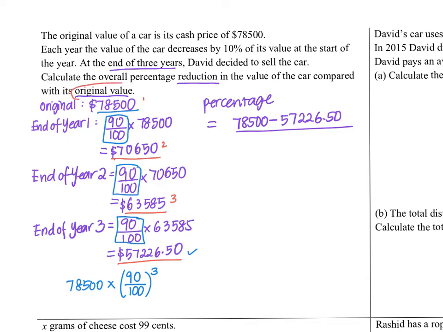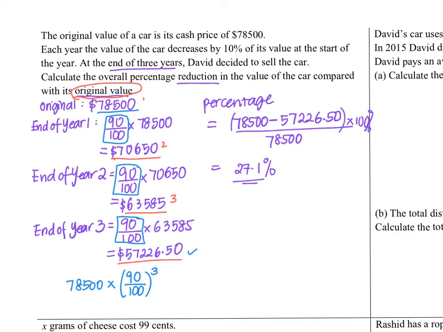Compared to the original value. So what's the number in the denominator? That will be 78,500. Then everything multiplied by 100%, and we should be able to get the answer. I got 27.1%. Have you gotten the answer?